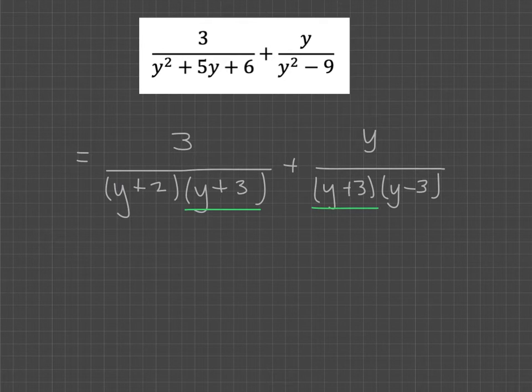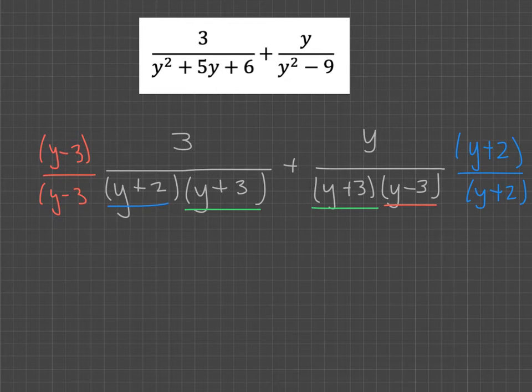The unshared factor is y plus 2, so we want to multiply y plus 2 over y plus 2, and another unshared factor is y minus 3, so we're going to multiply top and bottom here by y minus 3.